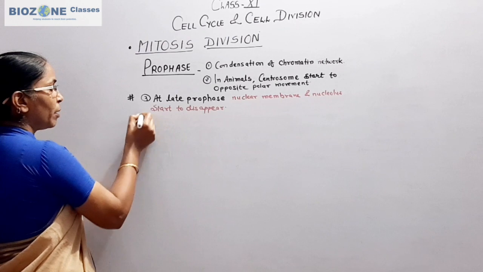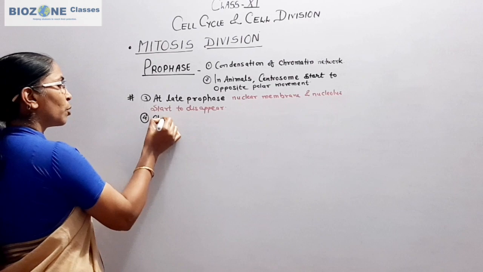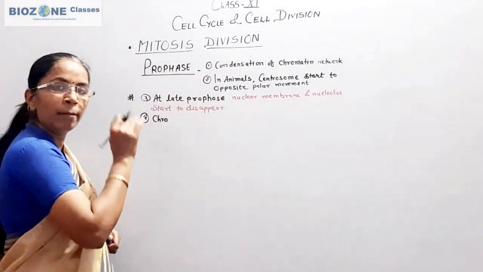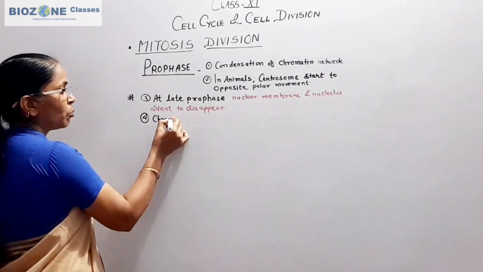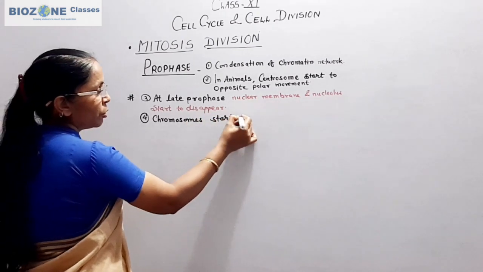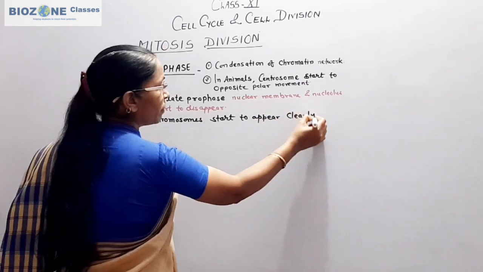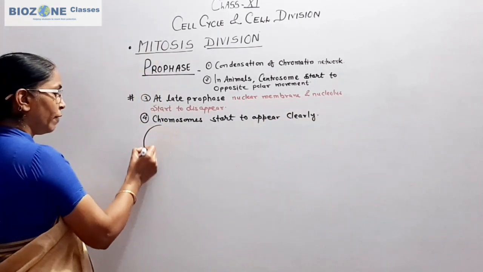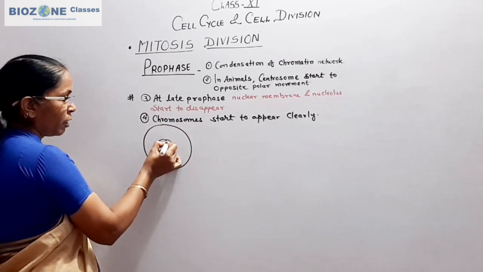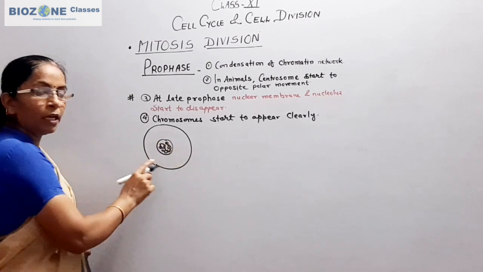Another feature at late prophase: initially when prophase begins, the chromatin network appears, but at the end of prophase the chromosomes start to appear clearly. Initially the cell shows the nuclear membrane, the nucleolus, as well as the fine network of chromatin.